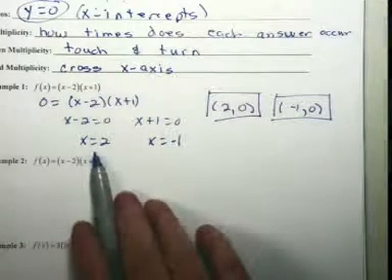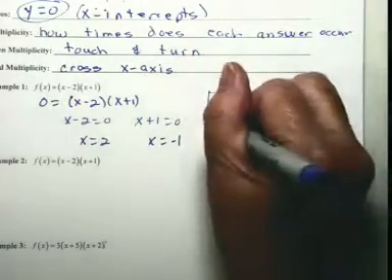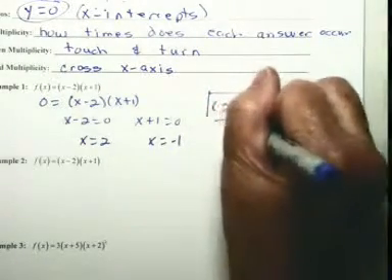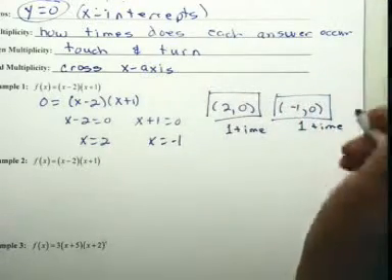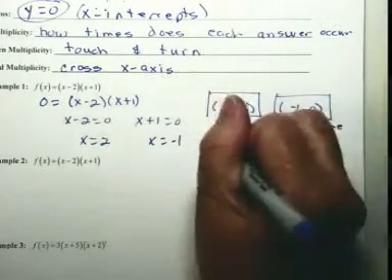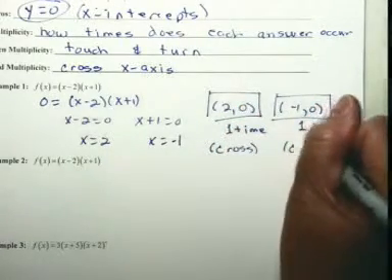Now, how many times did each one of these occur? They just occurred once. If they occurred one time, we are going to cross at that point. We're going to cross the x-axis.